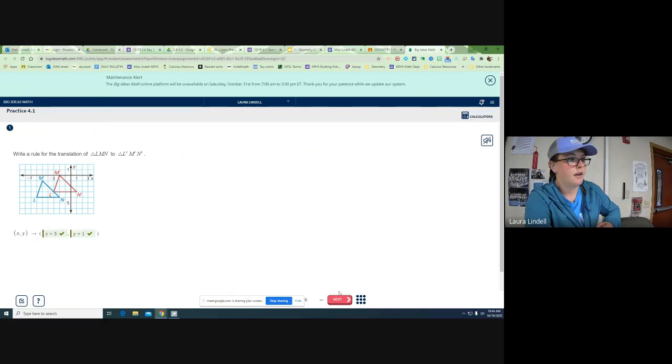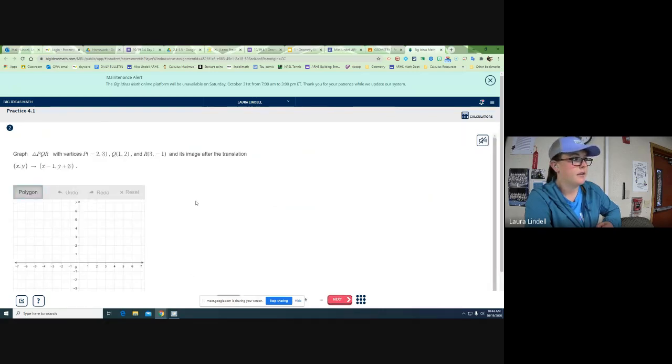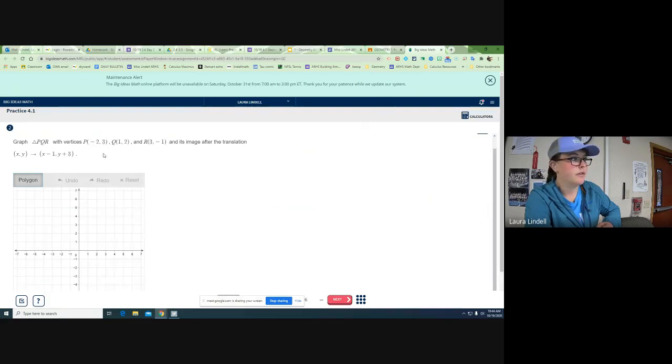All right, then the second type of question that we will see is like this. Graph PQR with these vertices, and then graph its image after you translate it with these instructions. So I'm going to start by graphing (-2, 3). So I go over to -2, up 3, and we click and there's a point. Then (1, 2), so over 1, up 2.